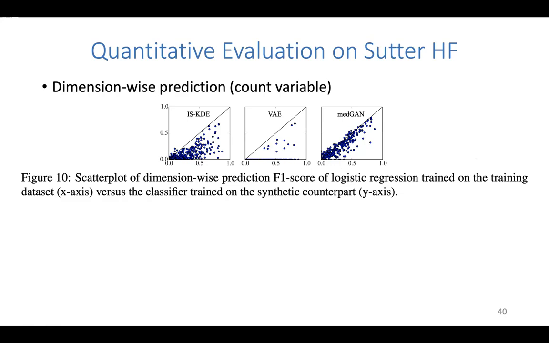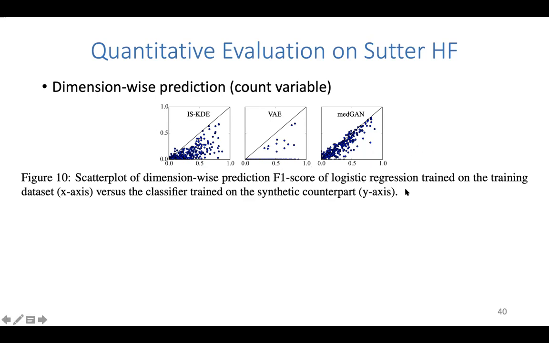But we can still actually, this is a count variable, so it can't be an F1 score. It should be a mean squared error. I'm sorry. I need to look into this. The description of this table says F1 score of logistic regression.